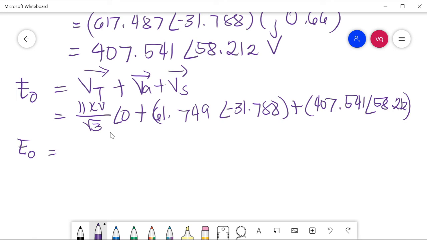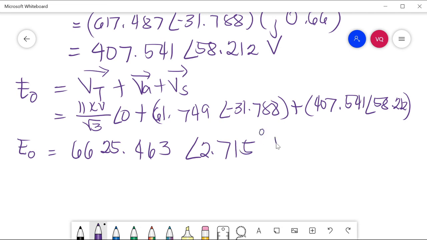That is equal now to 6625.463 angle 2.715 degrees volts.